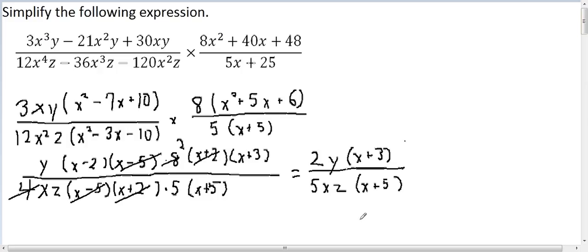So after carrying out the multiplication, factoring, and simplifying what we had, we're left with the rational expression 2y multiplied by x plus 3 divided by 5xz multiplied by x plus 5.